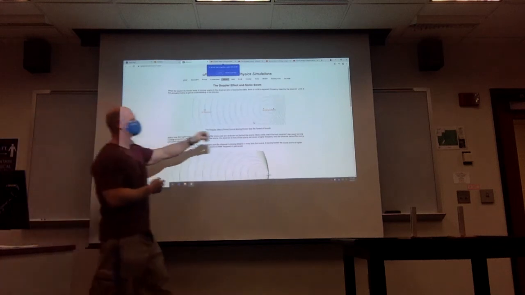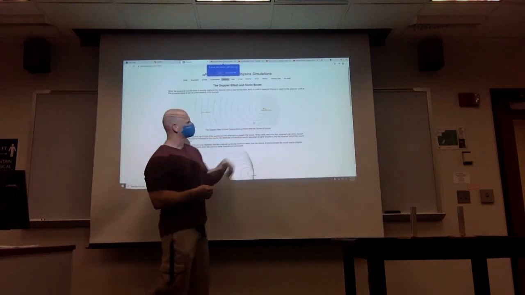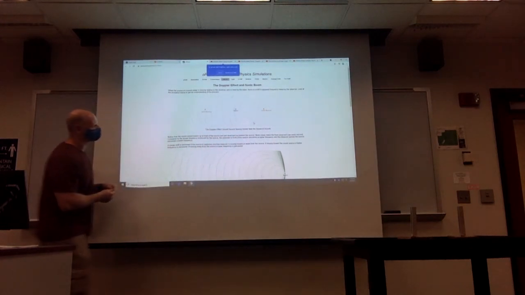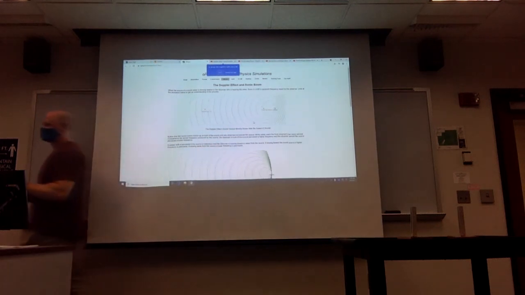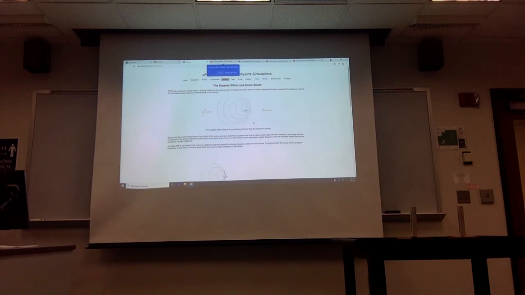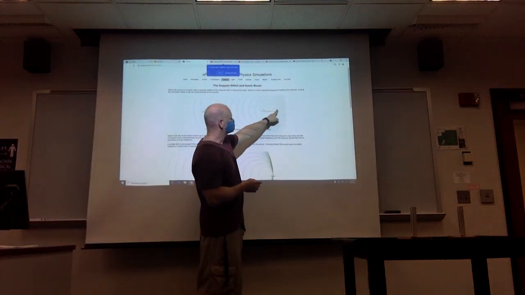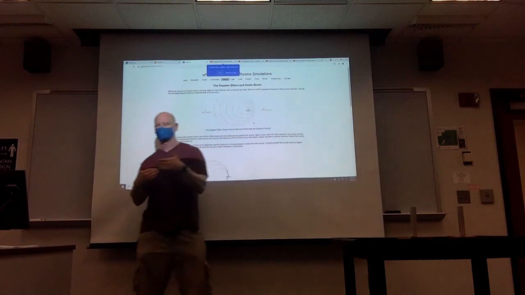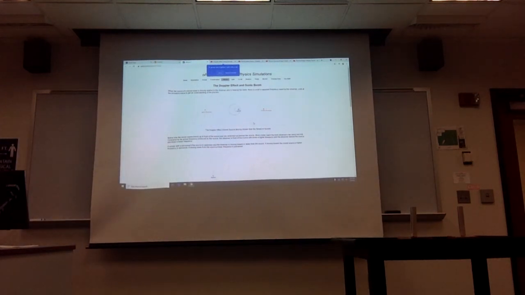Now, let's look at the perspective of the front observer. As the source is moving towards the front observer, what happens? When he gives off a pulse, by the time he gives off a second pulse, the first pulse has moved a certain distance, but the car, or whatever the source is, has also moved a certain distance. Which means that the wavelength, or the difference between consecutive pulses, is shorter than the actual wavelength which should be given off.